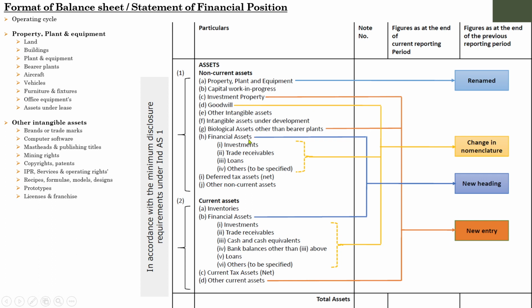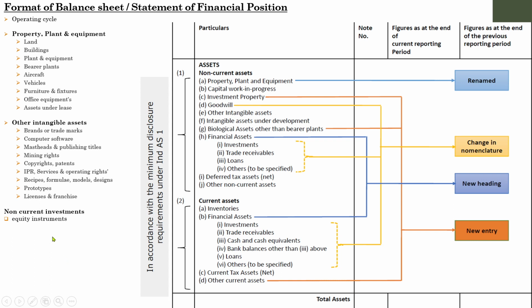First one, under investment there are non-current investments, because we are dealing with the assets under the non-current head. That is why we are using the term non-current investments. Under non-current investments, if I own a company, I might invest my money in other companies or in other businesses.